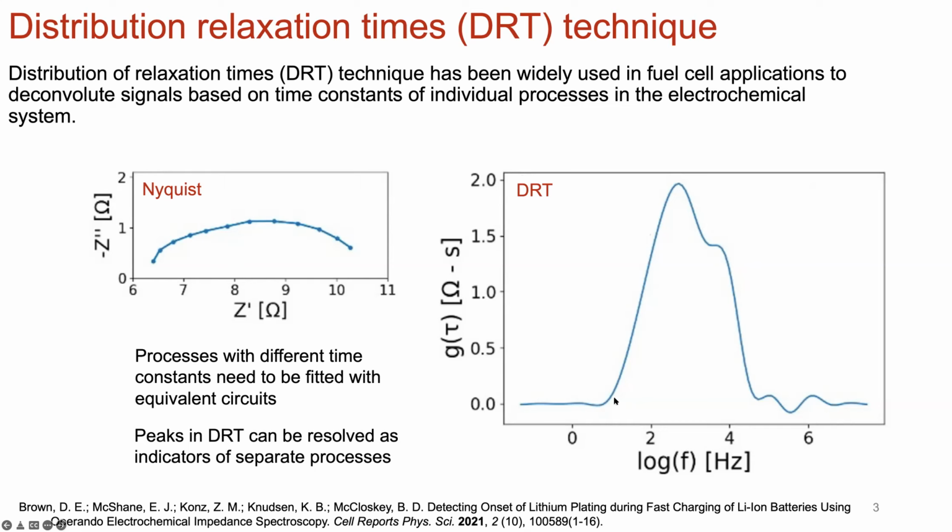So what you're really looking for in DRT is this G of tau function, this Fredholm function that plots out exactly what the frequency is. So that's obviously hidden in here, right? This is high frequency, this is low frequency, and you can track each data point and resolve using equivalent circuits to try to understand the time constants that we've talked about before.